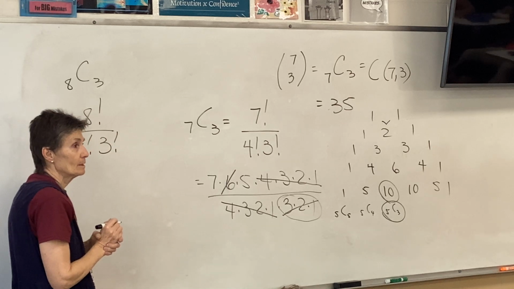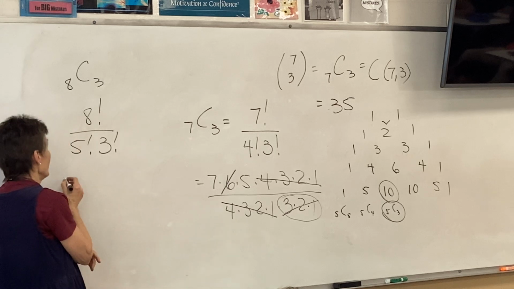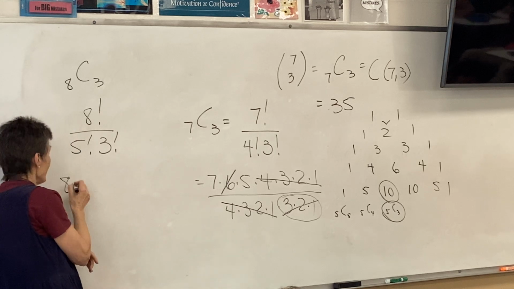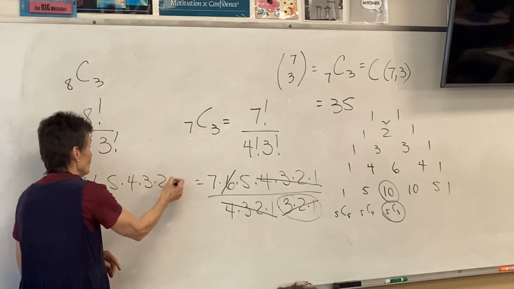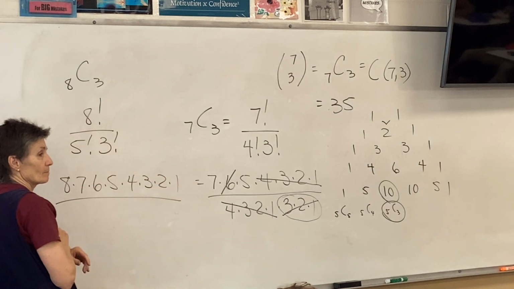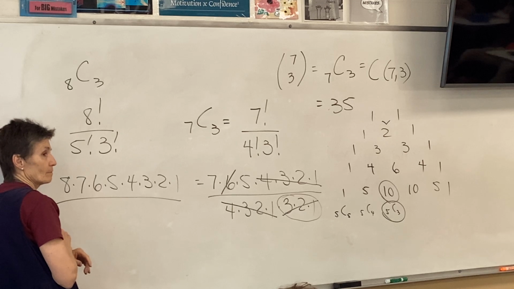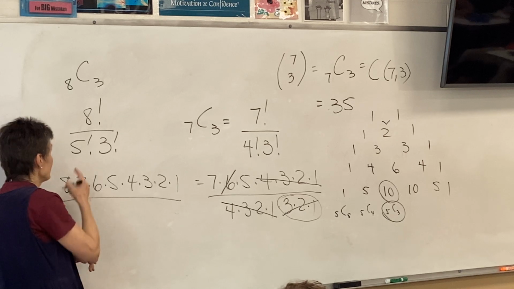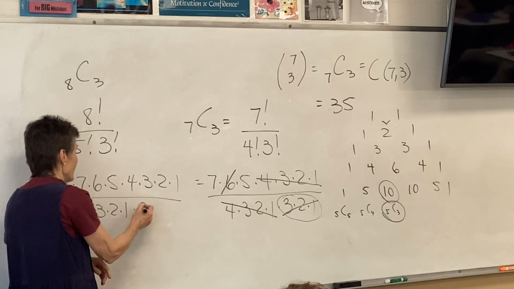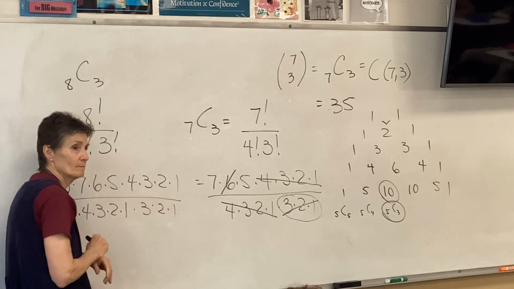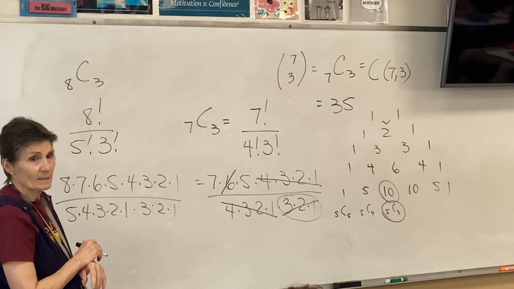Okay? Now, we'll have numerator, 8, 7, 6, 5, 4, 3, 2, 1, on the denominator, 5, 4, 3, 2, 1, and 3, 2, 1. Everybody still with me okay on that?